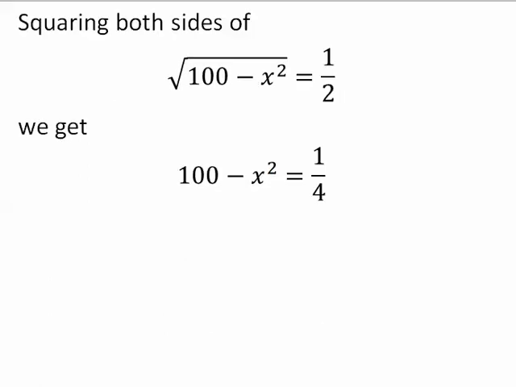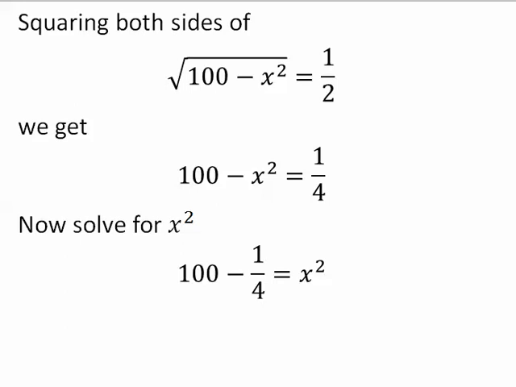Squaring both sides, we get this equation. And solve for x squared. Get x squared by itself on the right-hand side. Do the subtraction and move it over to the left-hand side.